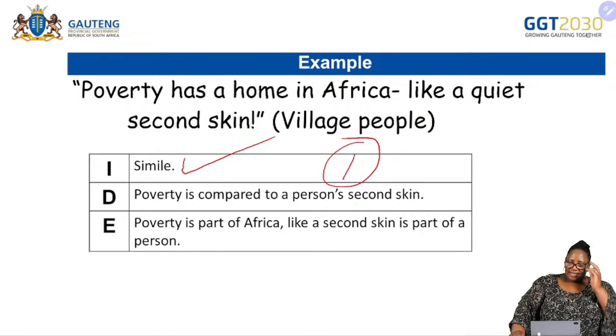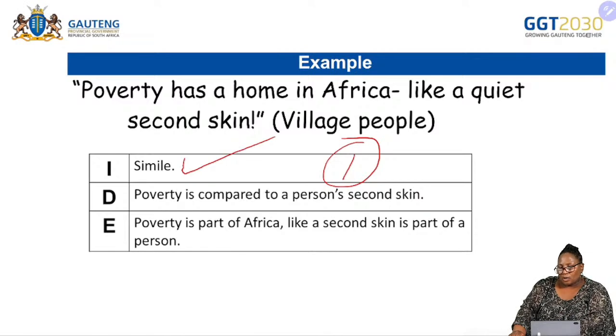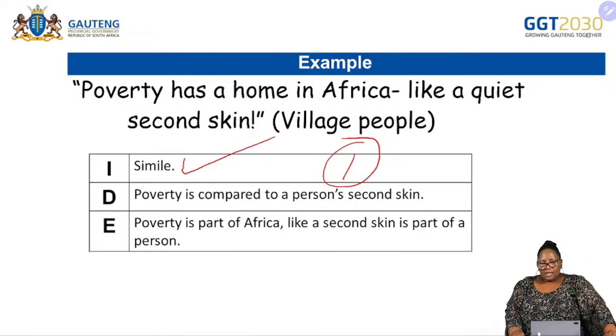The second question. Explain why that particular figure of speech was used in the Village People. The correct answer will be, you describe now the two things that are being compared here.